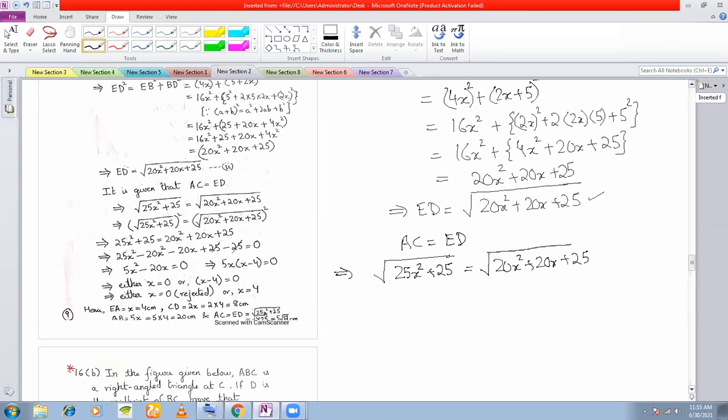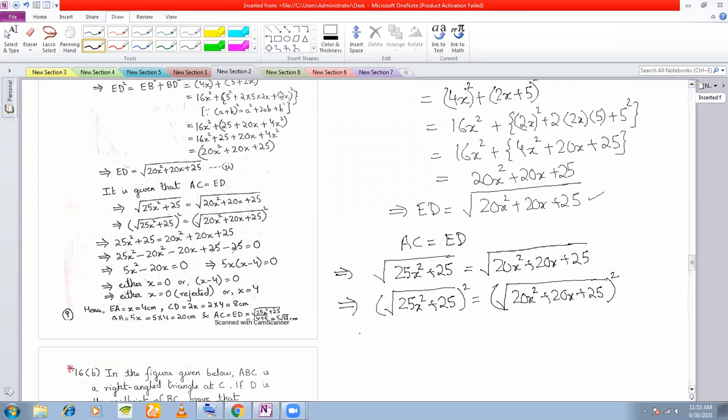Now we need to solve this equation. First of all, we need to remove the radical, so we square both sides. Now we can remove the radical, so we get 25x square plus 25 is equal to 20x square plus 20x plus 25.